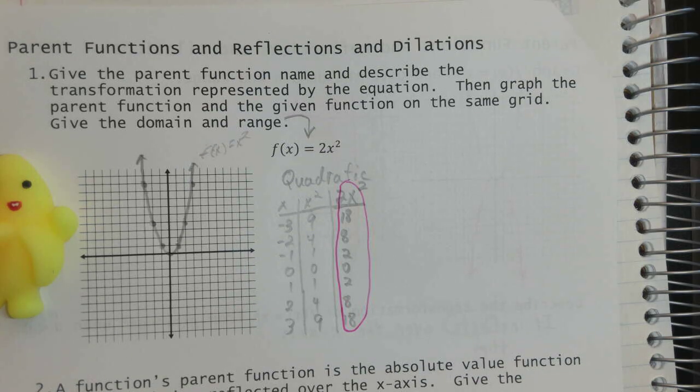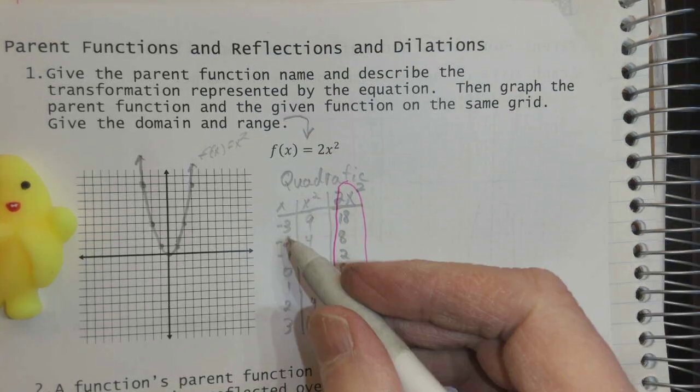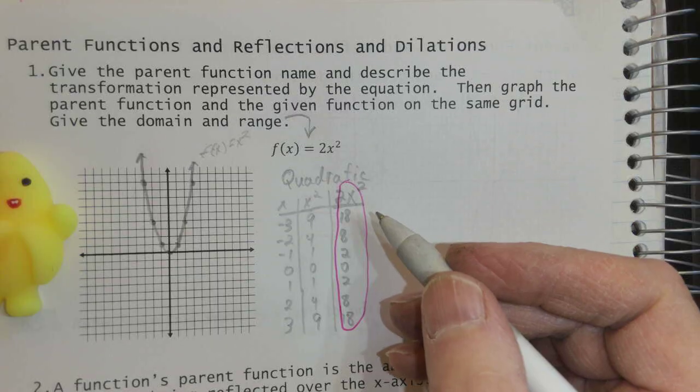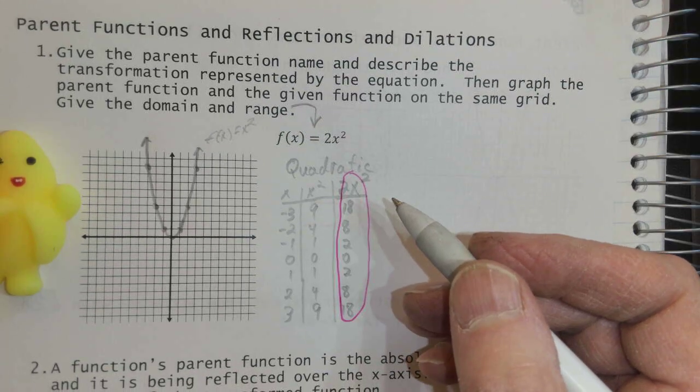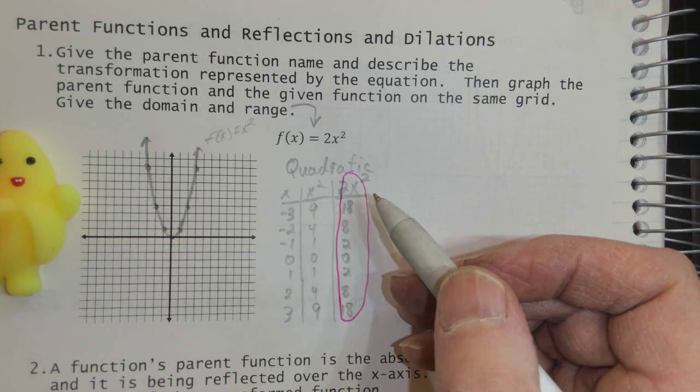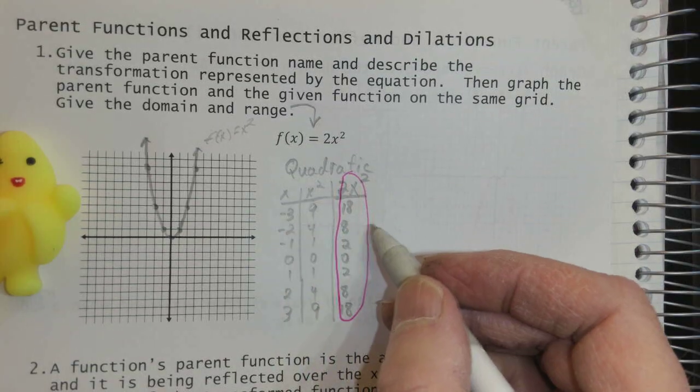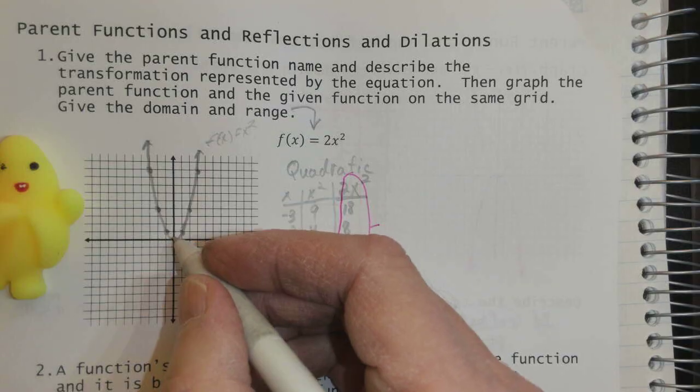Now, -3, 18, that's not going to fit on our grid the way I've got it scaled, right? I've got it scaled by 1, so that's just not going to fit. So let's graph the first one we can, -2, 8.